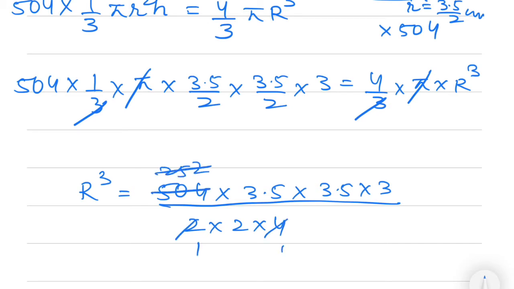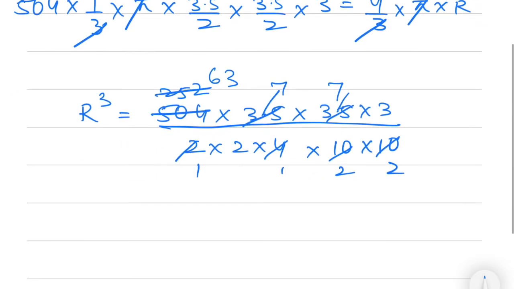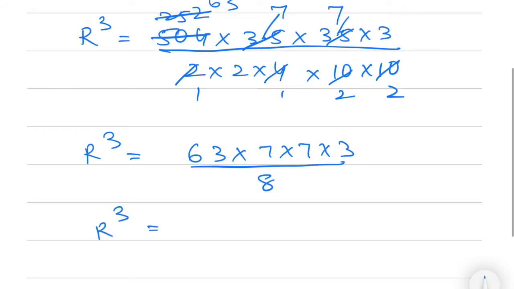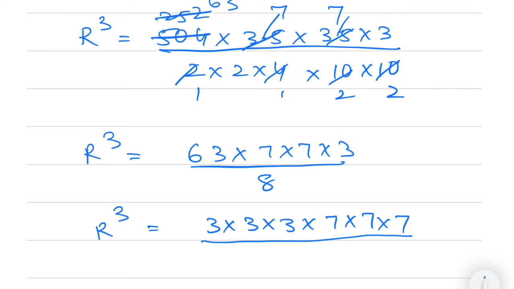So we have this 504 divided by 8 is 63. And if we remove these two decimal points, I'll have 10 and 10 here. So 7 and 7, this is 2 and 2. So we have R cube as 63 into 7 into 7 into 3, and here we have 8. So R cube I can write down as 3 into 3 into 3 into 7 into 7 into 7. 63 I have factorized as 3 into 3 into 7, and here we have 2 into 2.